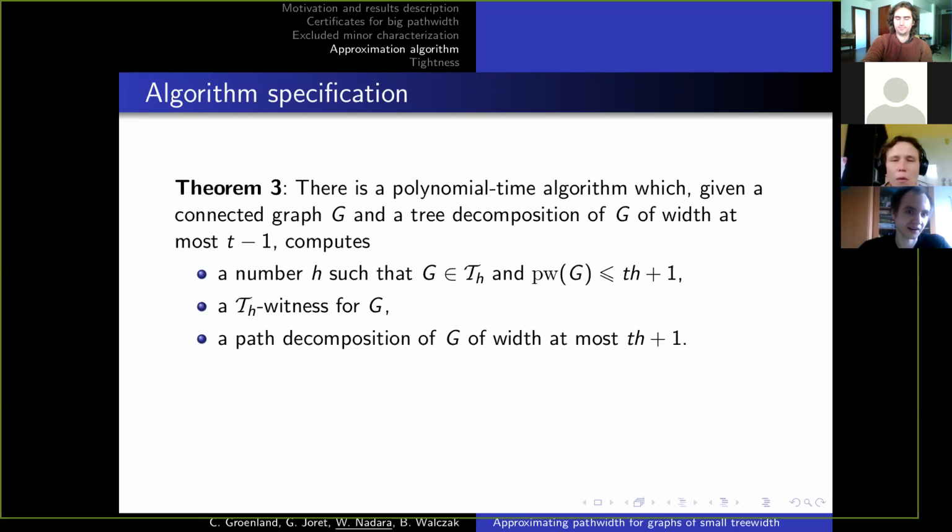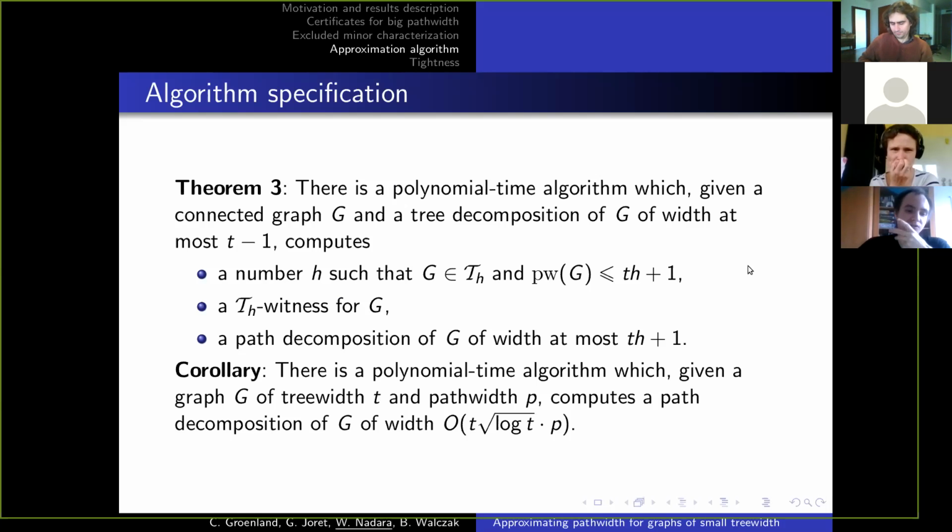By the theorem that we have just proved, we know that such a number h exists. Second, a certificate that G belongs to T_h. And third, this small path decomposition.